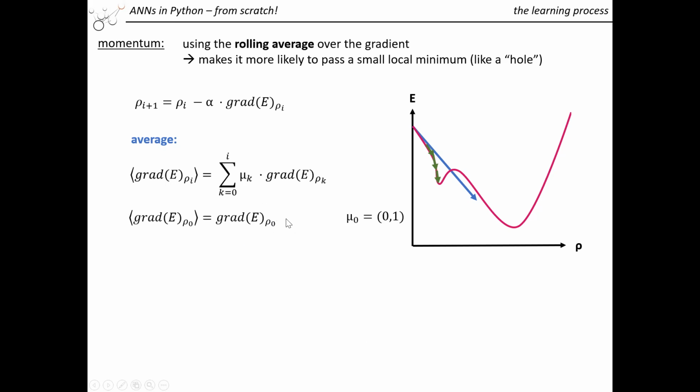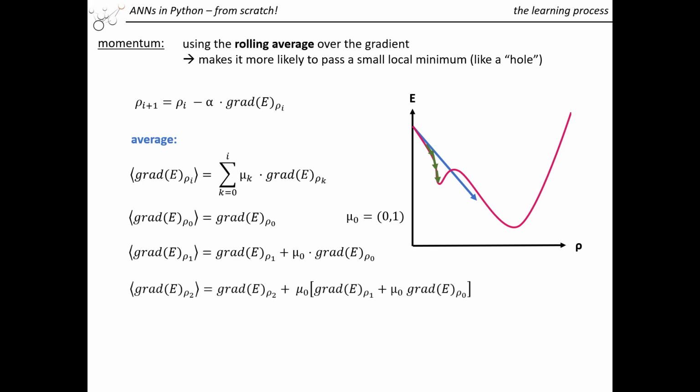Then we can't calculate an actual average, so we just have the gradient. In the next step, we have iteration number 1. Then we want the current gradient to contribute more to the average than the previous value an iteration ago. So we multiply this with this momentum mu sub 0, which is between 0 and 1. So let's say 0.5, 0.9, 0.8.